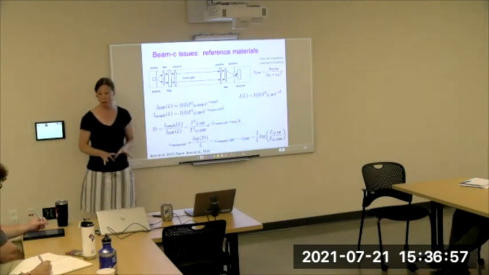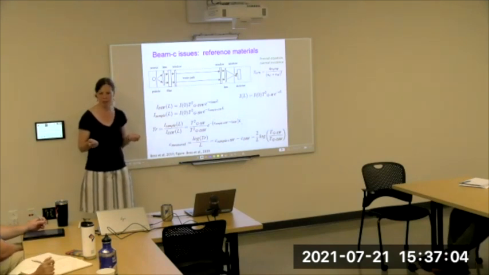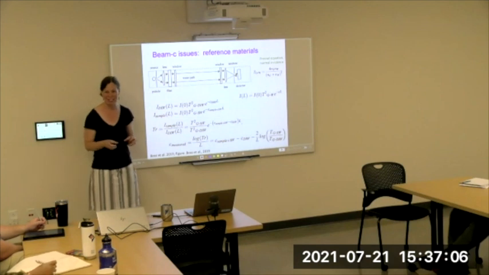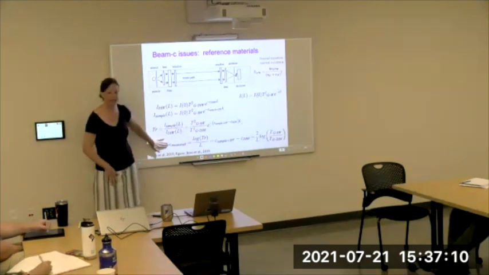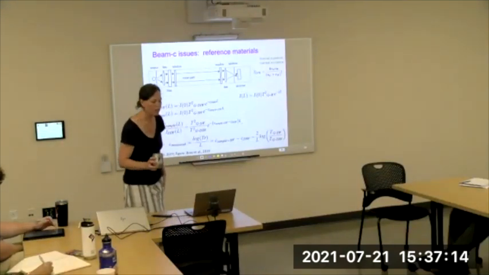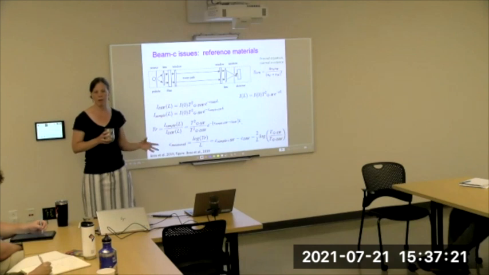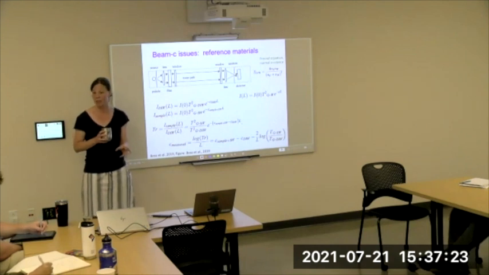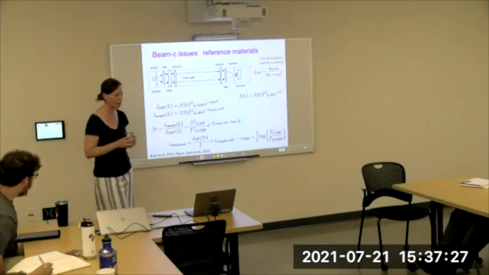If you assume it's zero, which we usually do because in regular seawater the refractive index is not different enough to cause this problem, then you end up getting negative beam attenuation. So it's probably not something you would run into in a lot of situations, but it's important to remember that if you have a refractive index in your reference that's really different than your sample water, you might need to make that correction.